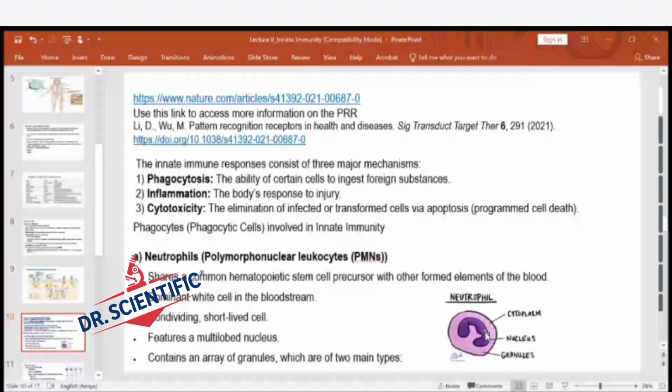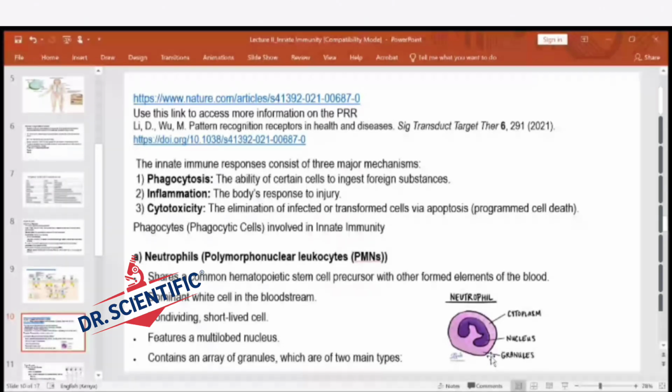They are multi-lobed, the lobing is quite a lot. They are usually the first cells at the site of infection, and they are the most abundant white blood cells.